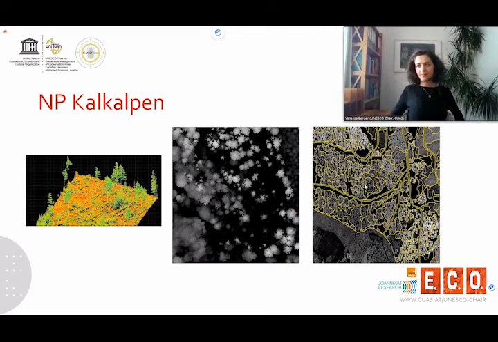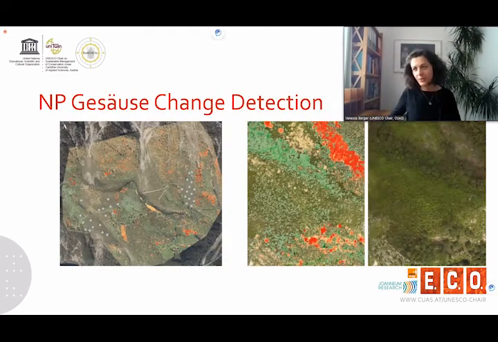Here in the national park Gesäuse, we tried out change detection. So we used the newest data and the data from 10 years ago. And here we can see in the avalanche tracks, green means we have higher biomass, red means we lose biomass.